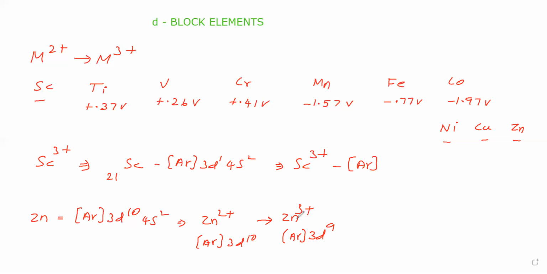Okay. Next, we'll take manganese. We'll take now Mn plus 2 into Mn plus 3. Manganese atomic number is 25. So its electronic configuration is argon 3d5 4s0. 3d5 means half-filled configuration.